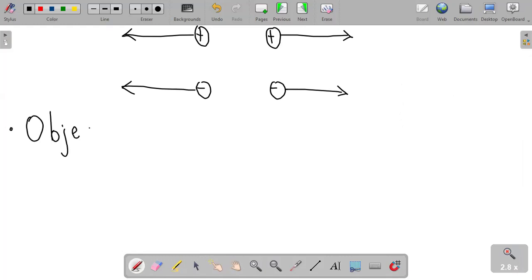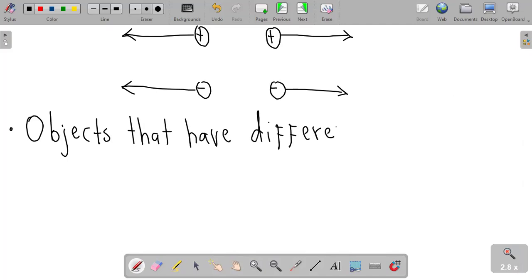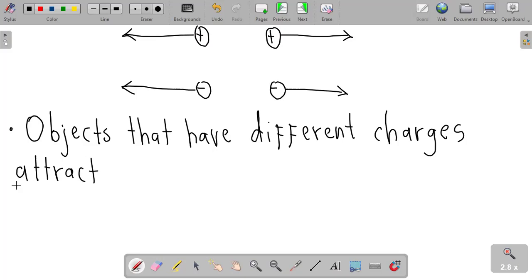Objects that have different charges attract each other. Attract, that's the keyword.